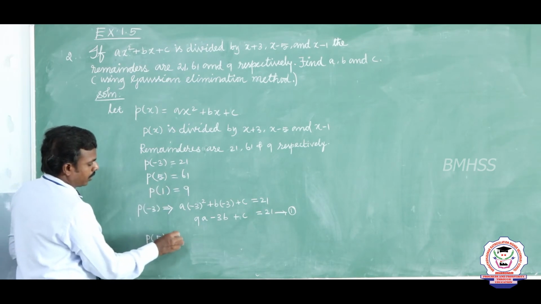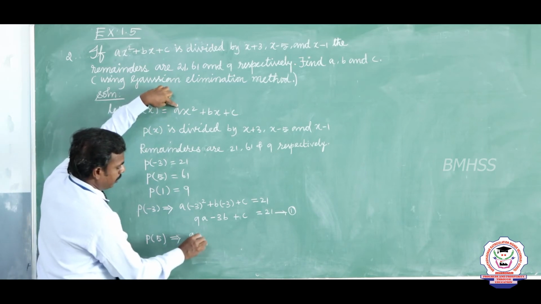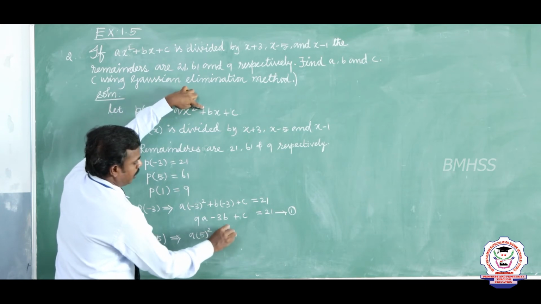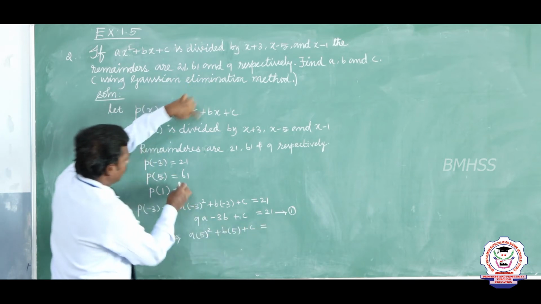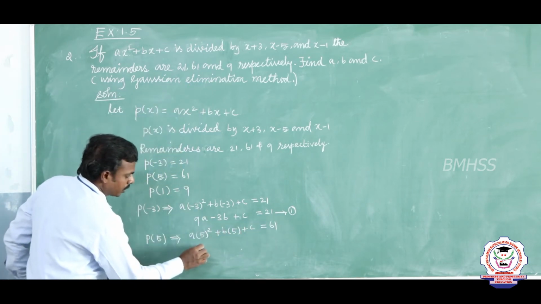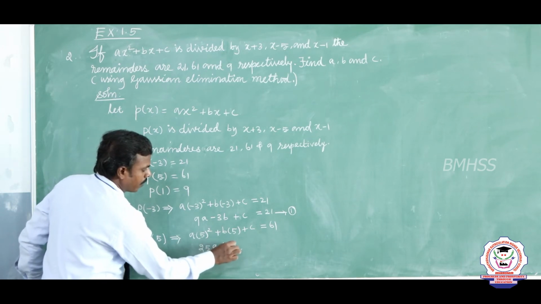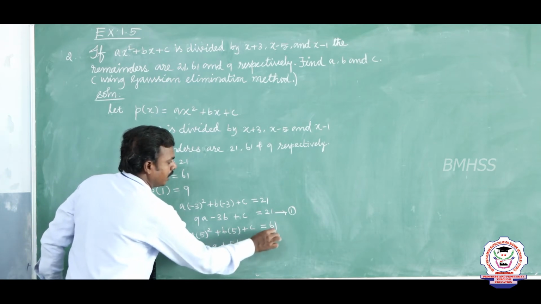Now from p of the second element, 5: p of 5 gives, listen, from the given equation, a into 5 whole square plus b into 5 plus c, which is equal to the remainder, 61. Now 5 square is 25, so 25a plus 5b plus c equal to 61.